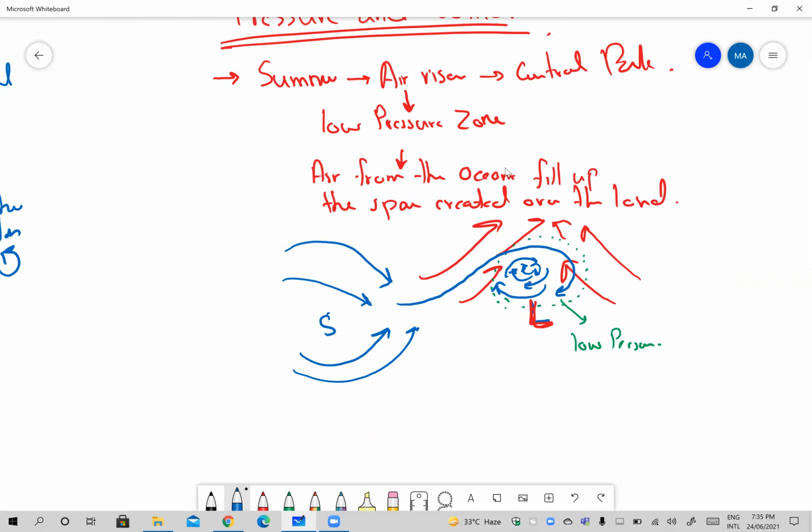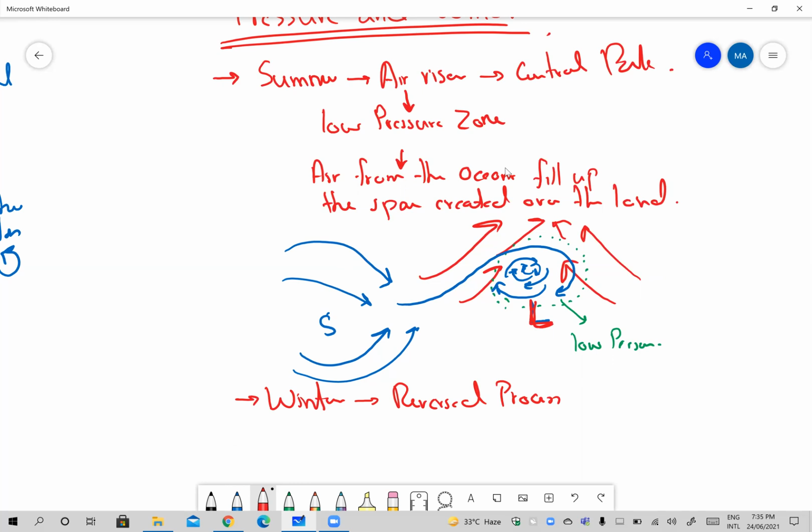In winters, the situation is reversed. This entire concept is reversed in winters. Generally, the land is cooler and the seas are hotter.